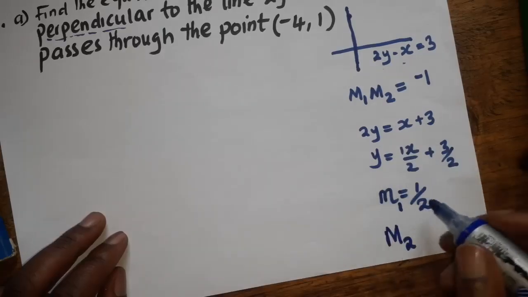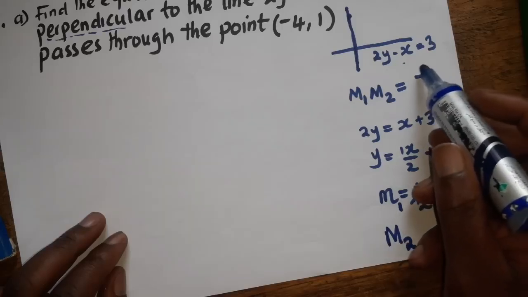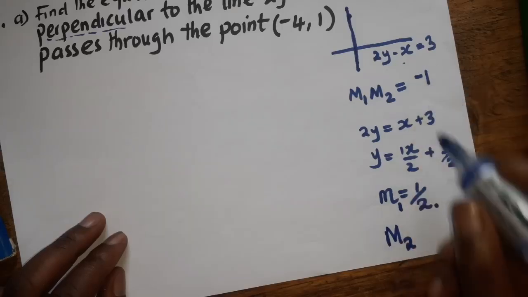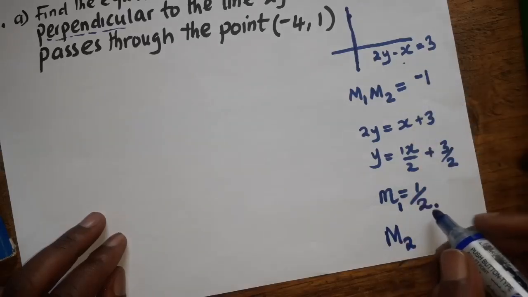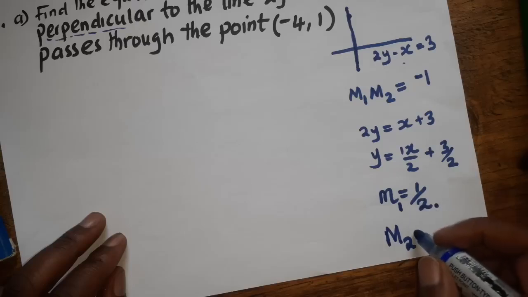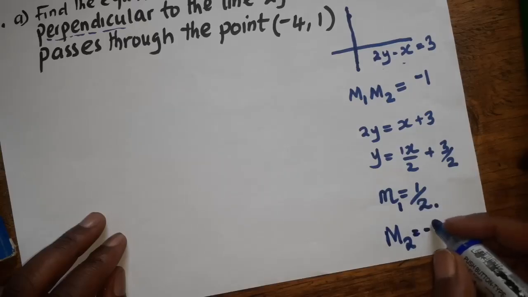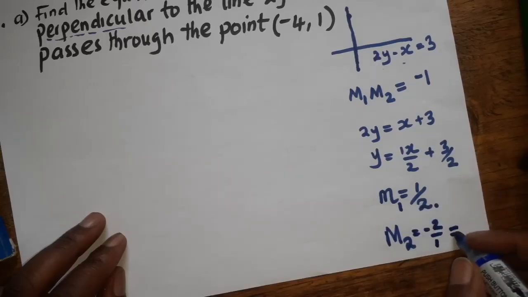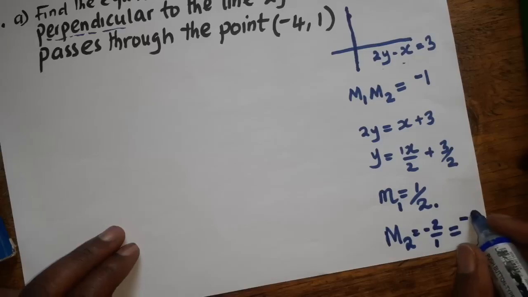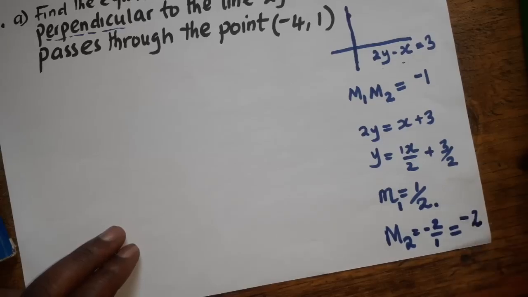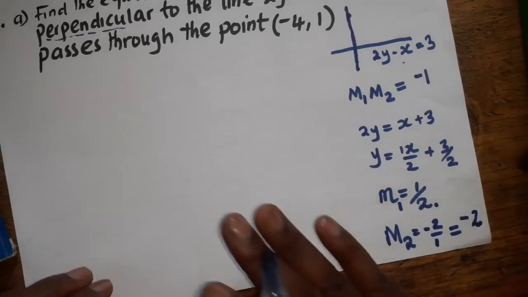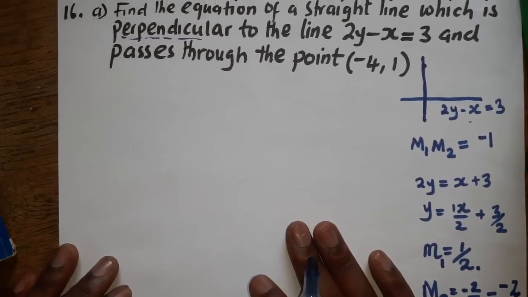Since the product is supposed to be negative, our m2 must be negative. So it will be the reciprocal of this one, negative 2 over 1, which is just the same as what? Negative 2. All right? I hope this is clear.